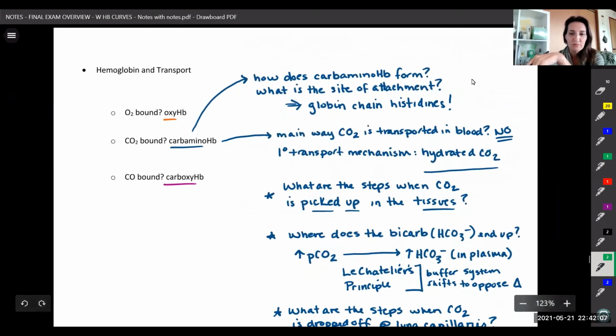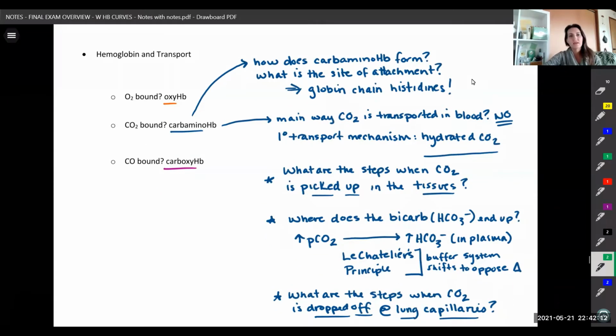Zoom out a little bit here. In terms of transporting various types of substances, or I should say gases, with hemoglobin, hemoglobin can carry more than just oxygen. You can also bind CO2, and technically hemoglobin will bind carbon monoxide, and will bind that carbon monoxide better than it binds oxygen.